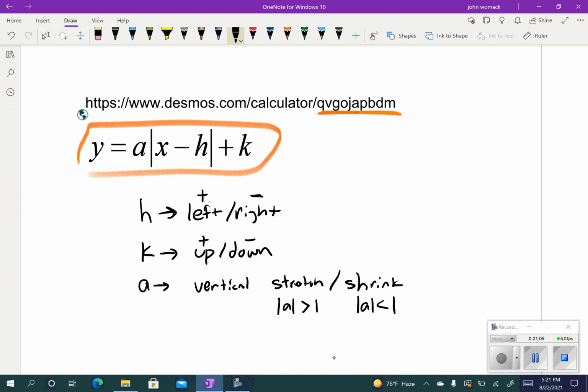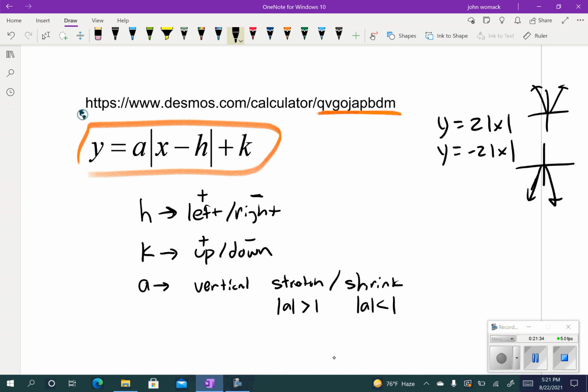The reason why we put the absolute value is because it doesn't matter if I have y equals 2 absolute value of x or y equals negative 2 absolute value of x. It doesn't matter if A is positive or negative. If you take the absolute value, which is 2 in both cases, it's going to make it steeper. It's going to stretch it. The difference is this one's going to be steeper and opening up. This one, because of the negative, is still going to be steeper, still stretched, but it's going to be opening down instead.